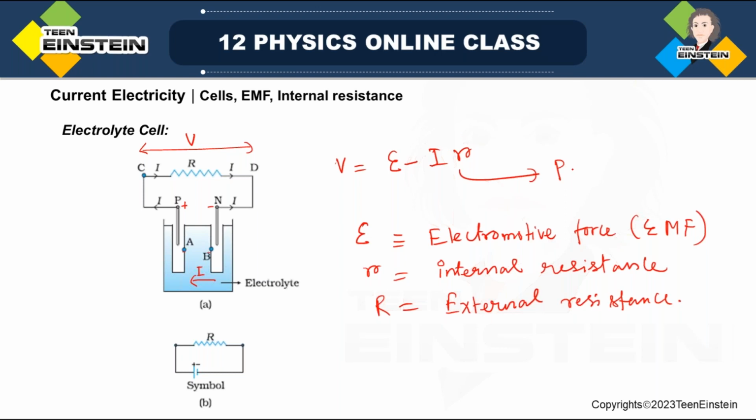So this is lost due to the internal resistance of the cell.